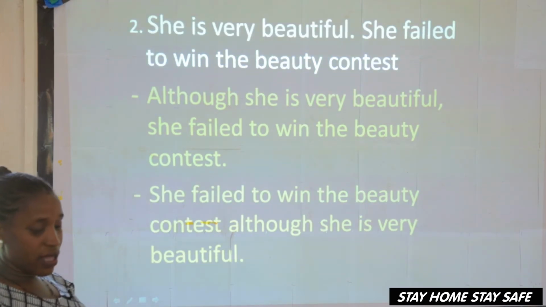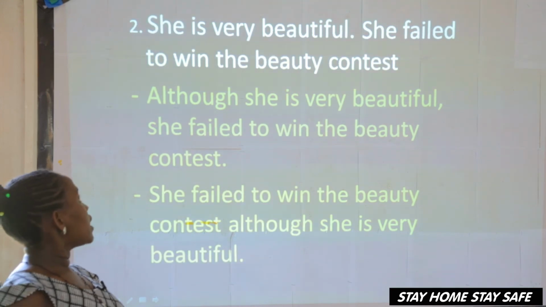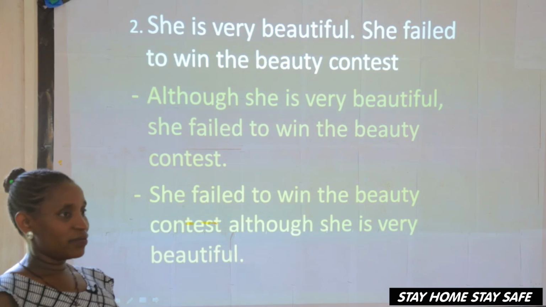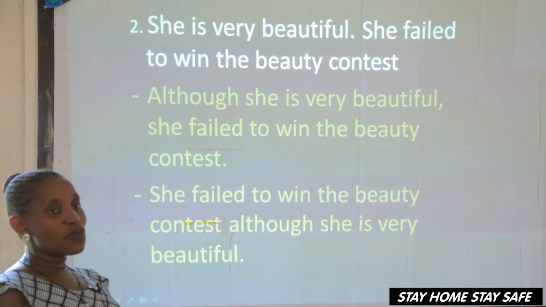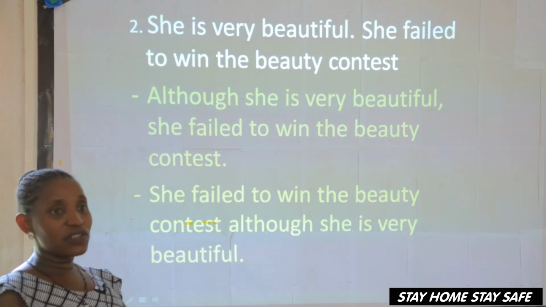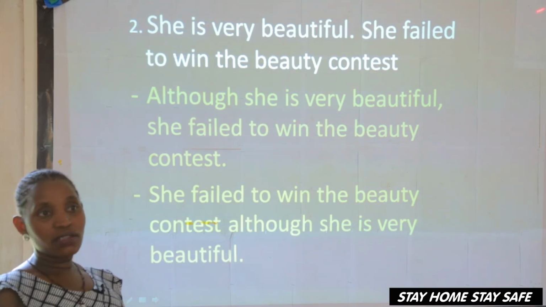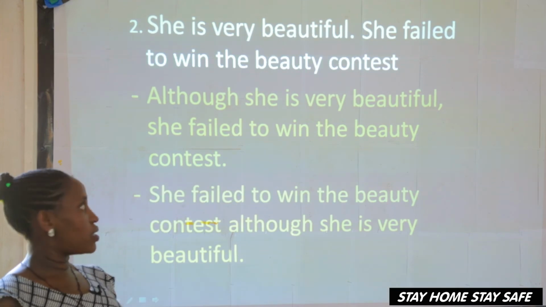Okay, we have another example, and this example is, she is very beautiful. Her being very beautiful, what happened? We expect someone who is very beautiful, when she joins the beauty contest, to win. What happened?